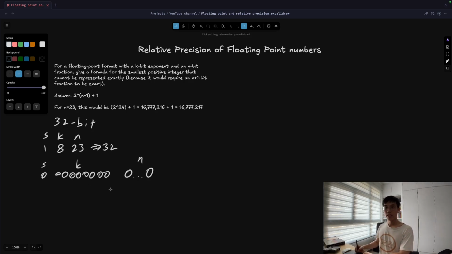So when I say divide it into groups, what I'm talking about is, let's say, normalized floating point numbers. For normalized floating point numbers, you have an exponent, which is derived from k, which is k minus the bias.